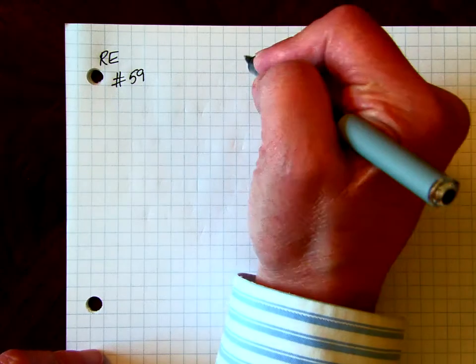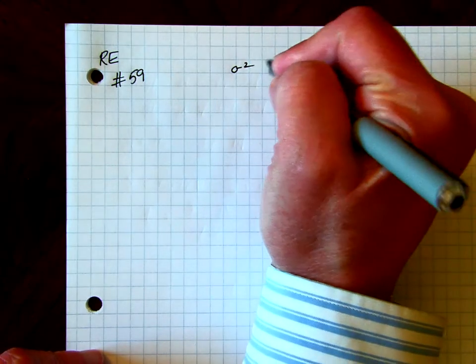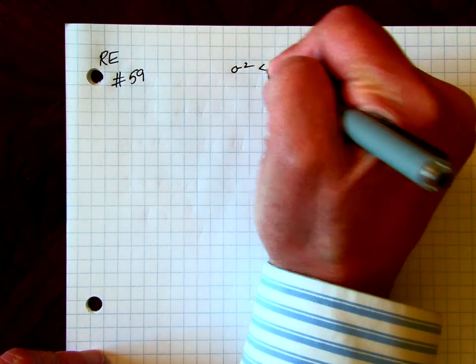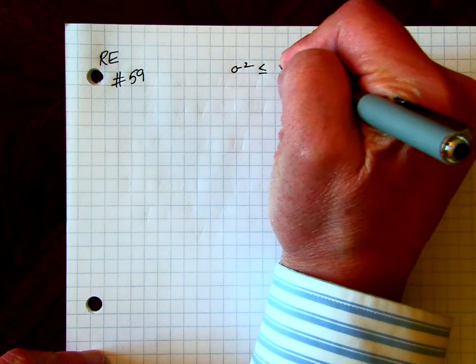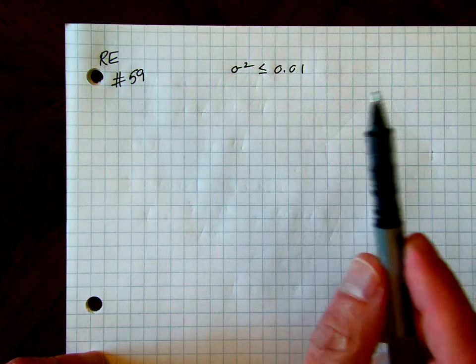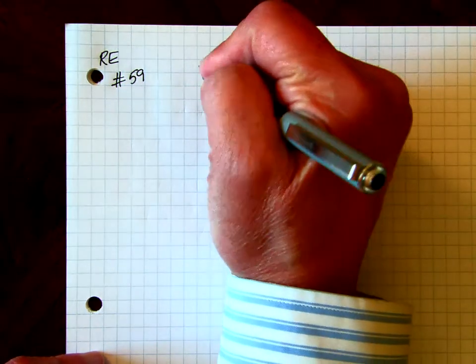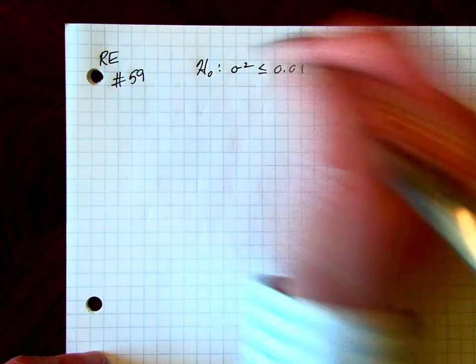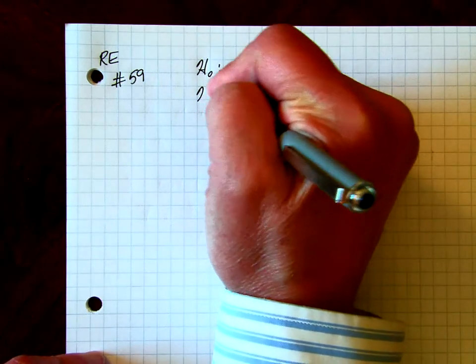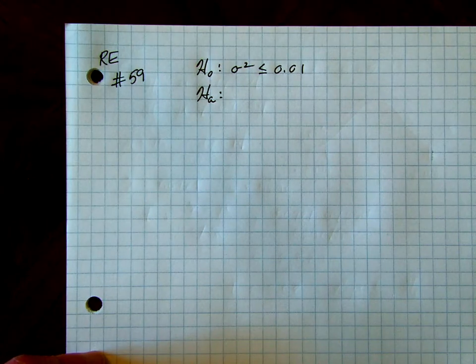The variance, sigma squared, is at most, well, that's less than or equal to 0.01. Now, you and I know that the null hypothesis has to be the one that has an equality in it. So, once again, this claim is the null hypothesis, and the alternate hypothesis is always the complement.